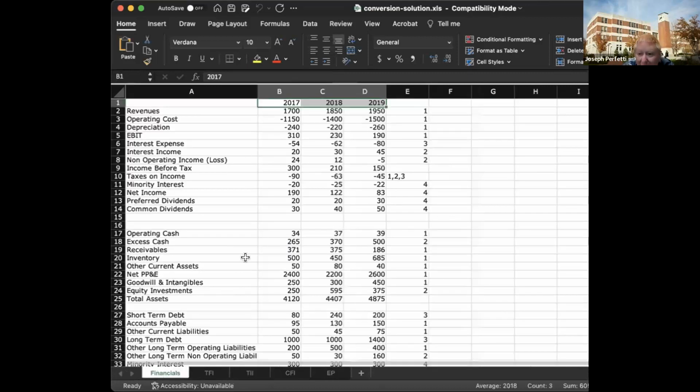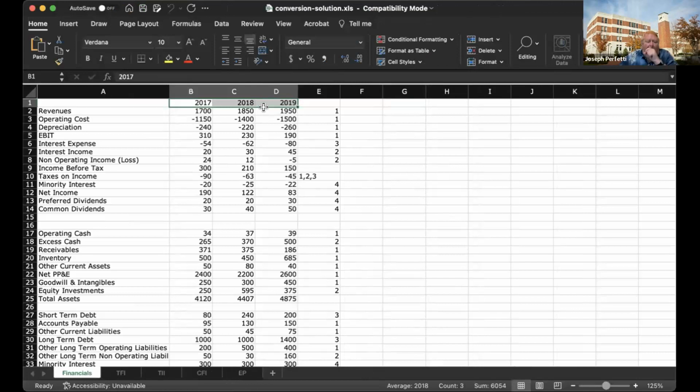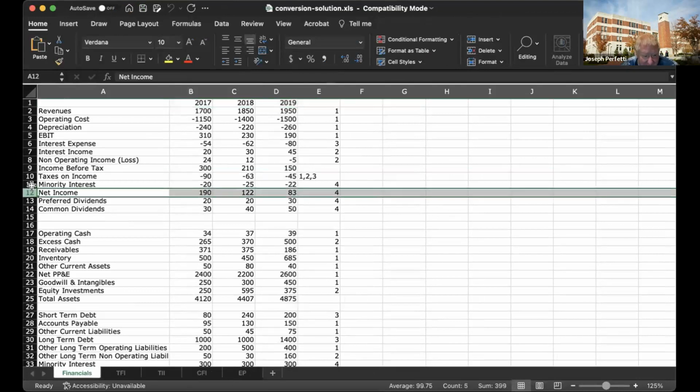All right, so what I did here in this homework assignment, I gave you 3 historical years of income statement and balance sheet. Although one of the important things to understand is the income statement ends here.